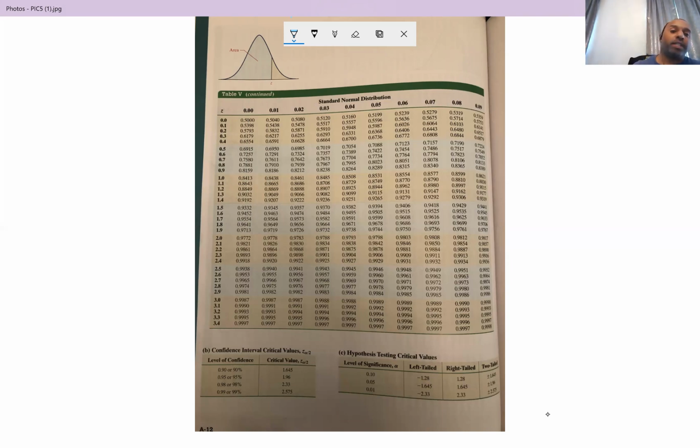If you have 1, you should be doing 1.00, and if you have 1.9, it should be 1.90. So 1.0 is right here, and then the 0 is right here, and when they meet, it's at this 0.8413.